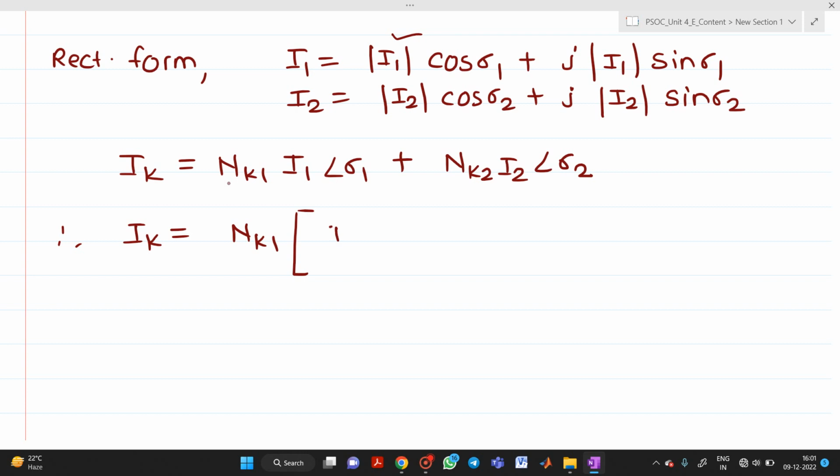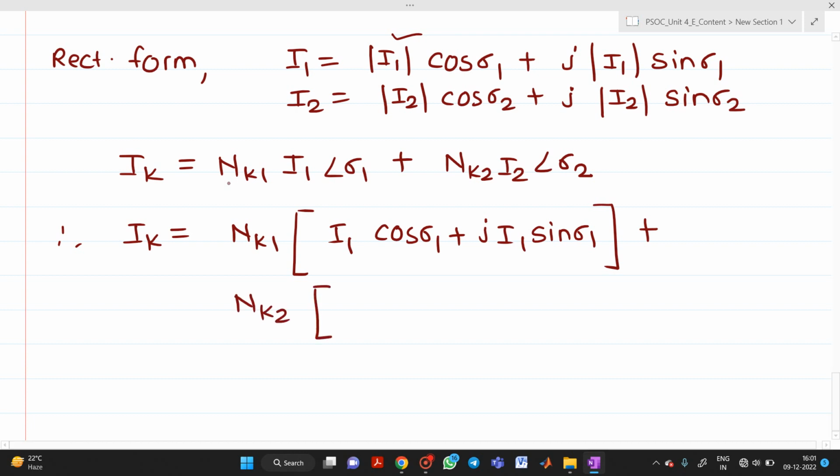I can write it as I1 cos sigma 1 plus j I1 sine sigma 1. This is the rectangular form of current, plus nk2 into bracket I2 cos sigma 2 plus j I2 sine sigma 2.